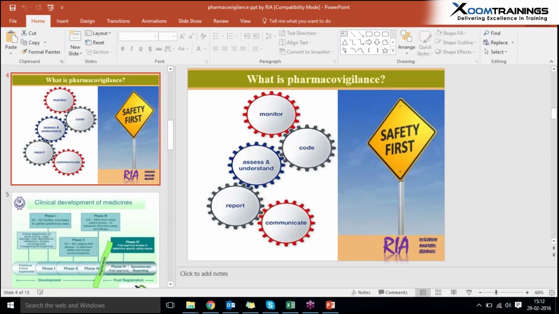They will understand whether it is completely related to the trial drug or not, or related to a food effect. They are going to assess it, understand it, and come to a conclusion. If the side effect observed by the pharmacovigilance department is really because of the new drug, they are going to report it.